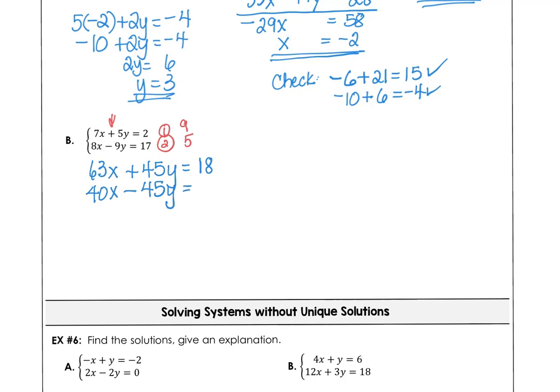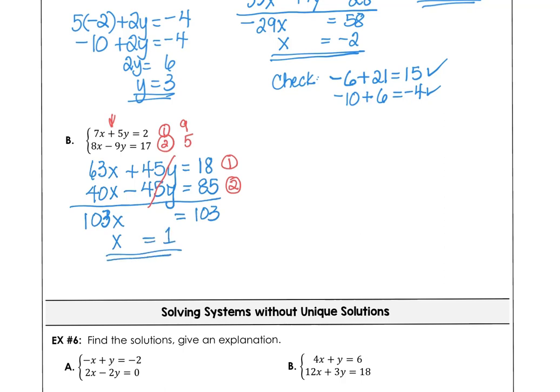And 17 times 5 is 85. So we still have equivalent systems with equation 1 and equation 2. But adding that system eliminates y, and 63 plus 40 is 103. And 85 and 18 is 103. So x is equal to 1.